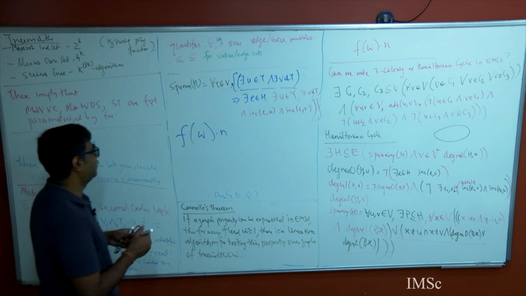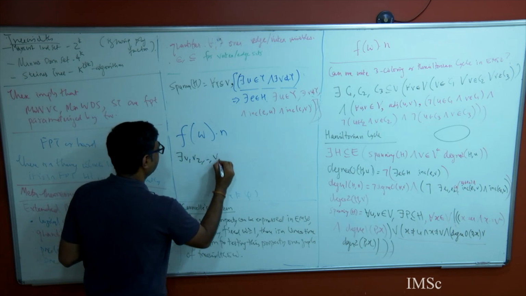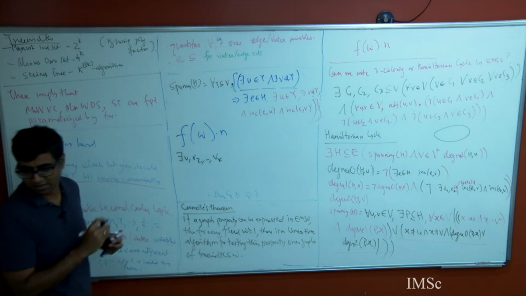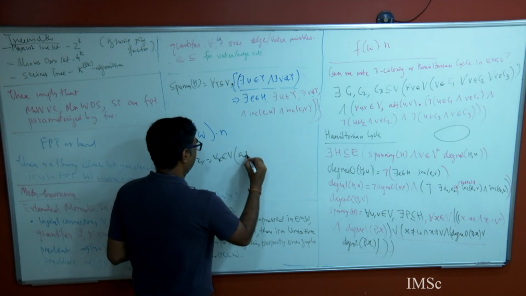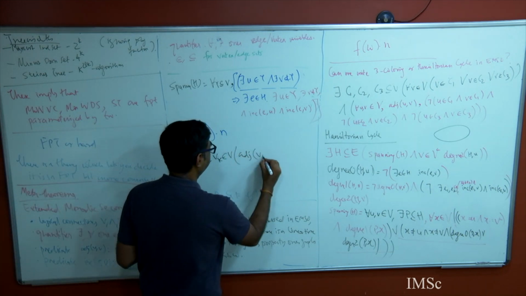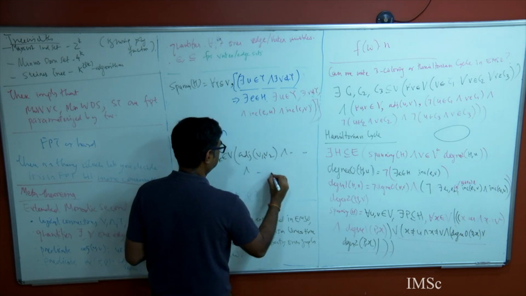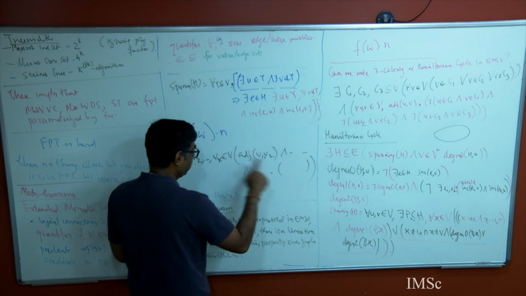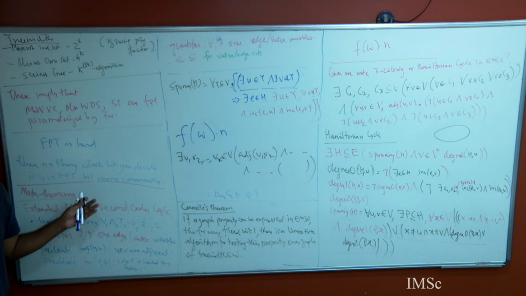I say there exists V1, V2, through Vk, and write down all this adjacency: Vk in V, V1 adjacent to V2 is true, and so on. But notice this formula has length k. So the bigger the cycle I want, the bigger the length of the formula.